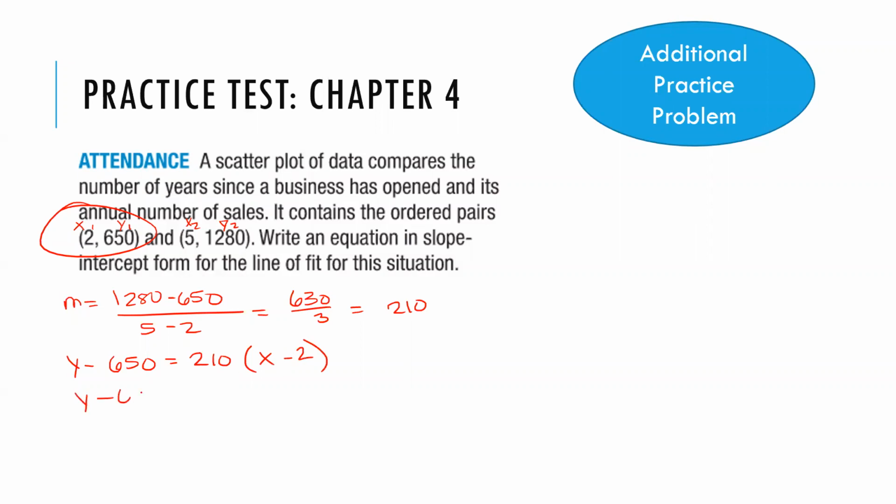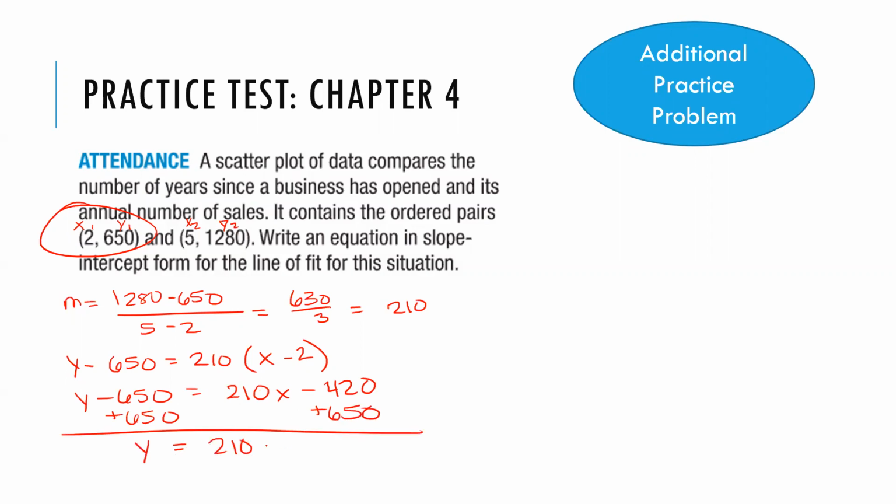And then I have y minus 650 equals 210x minus 420. Then I'm going to add 650 to both sides to isolate y. And I get y equals 210x plus positive 230. And there's my equation. Okay.